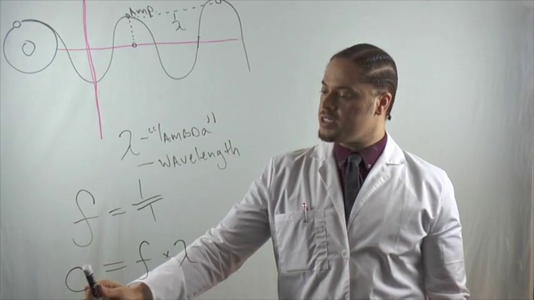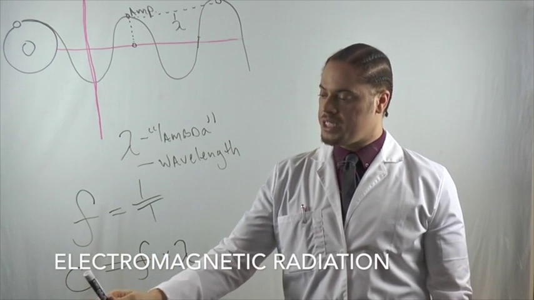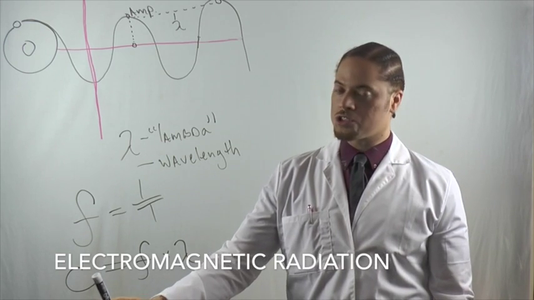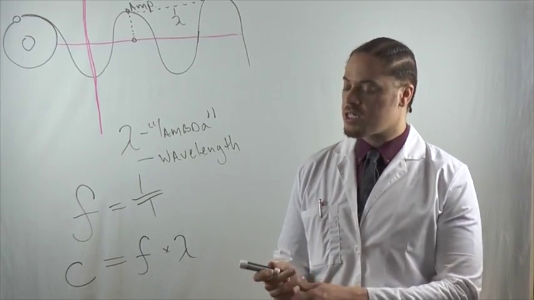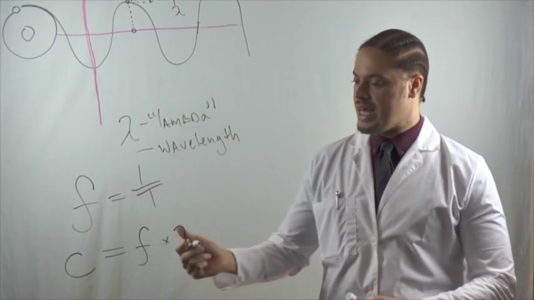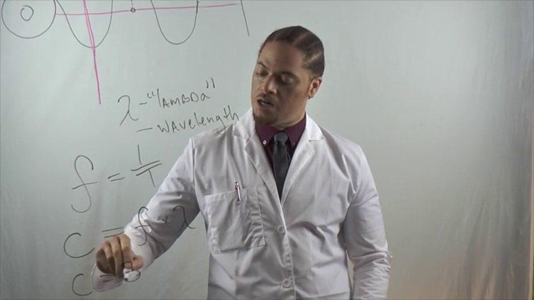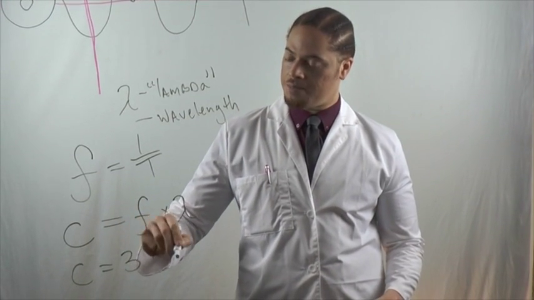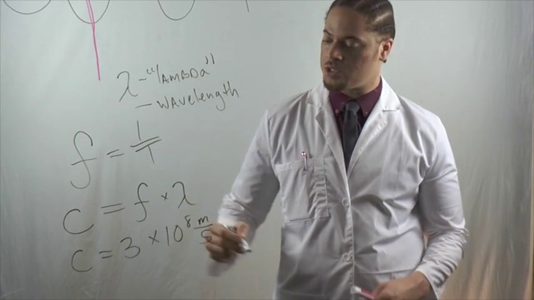This letter C describes the velocity of electromagnetic radiation. Electrons are associated with this electromagnetic radiation. C is also the speed of light. Speed of light, which is a constant value of about 3 times 10 to the 8 meters per second.